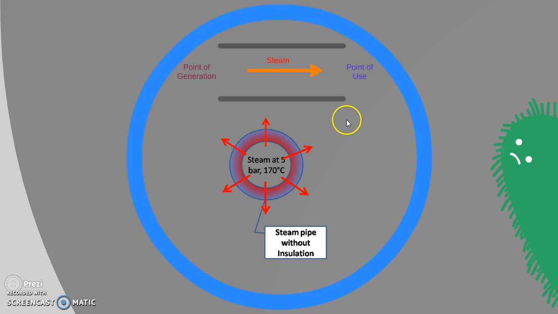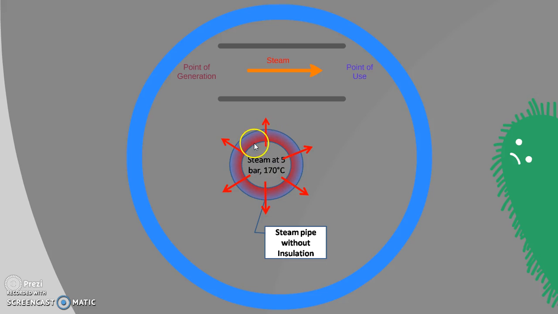So here the problem is that when the steam is being transported from the point of generation to the point of use, if I'm not providing any insulation around it, what will happen is, as the steam here you can see is at a high temperature of around 170 degrees Celsius, inside we have a very high temperature, and outside we have a surrounding temperature which is very low compared to this. Because of this larger temperature difference, there will be a transfer of heat from inside to the outside, which is shown by these red arrows.